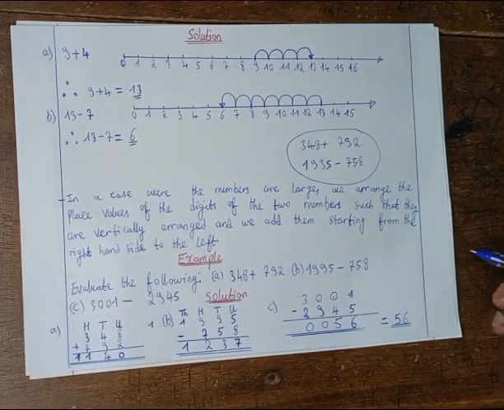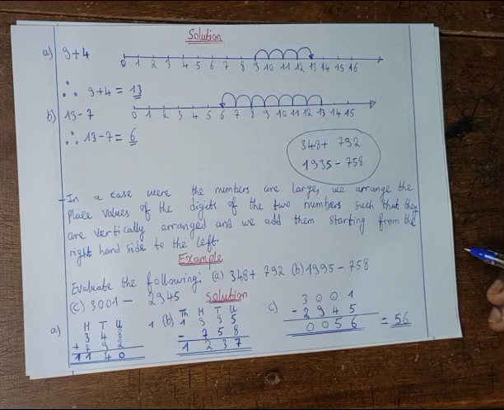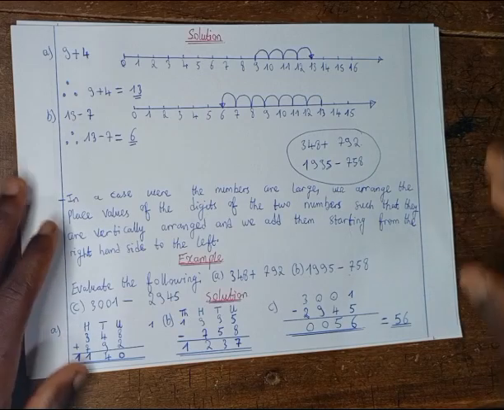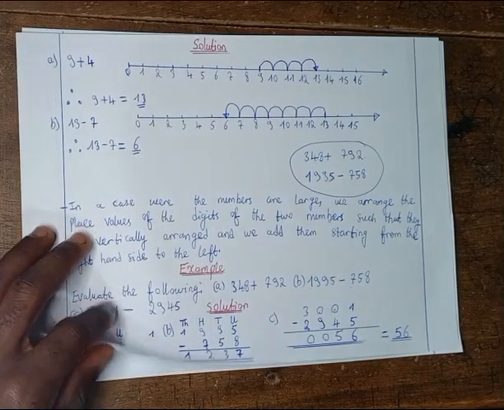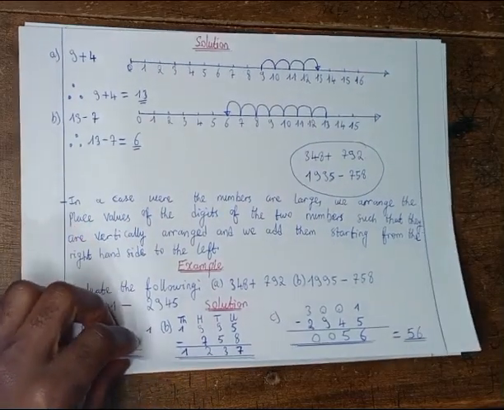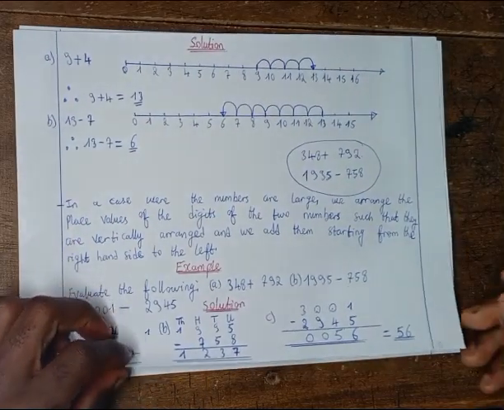Yes, if you take 3001 minus 2945, the result is simply 56. We are done with the correction of the example.